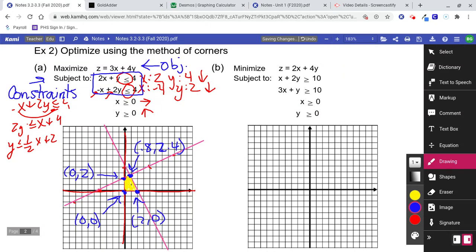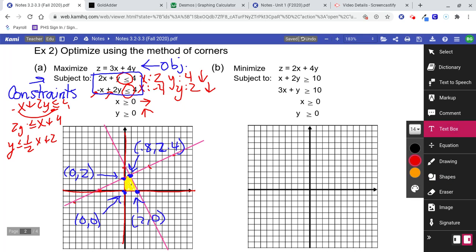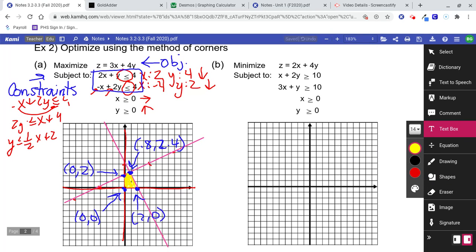Now I'm almost finished. I've done all of the hard work. Remember earlier it said if there is an optimum value, it's at one of the corners. We haven't even done anything with the objective function.